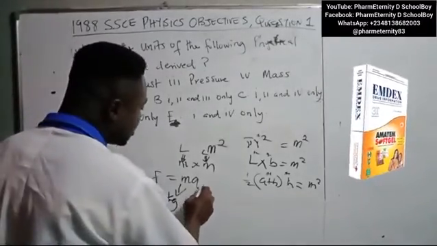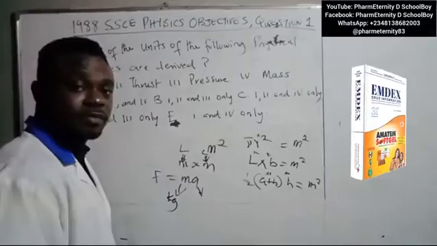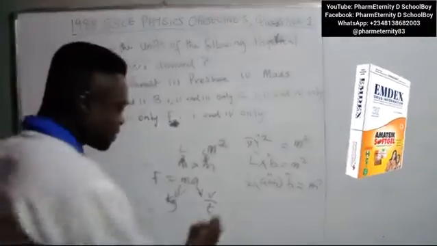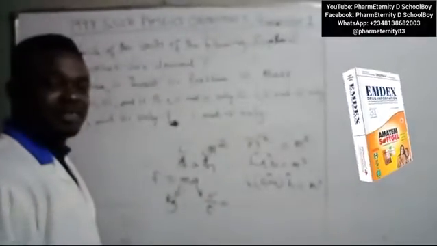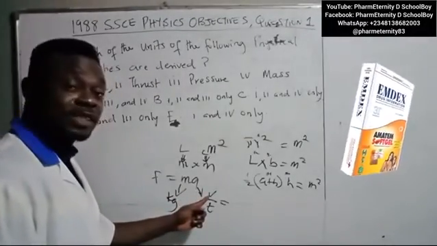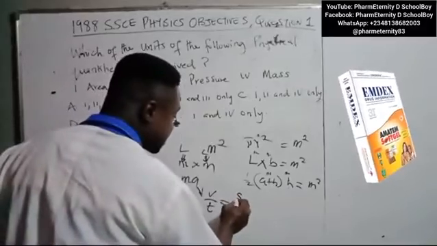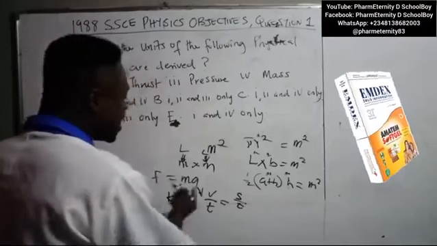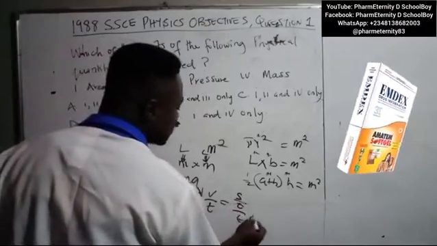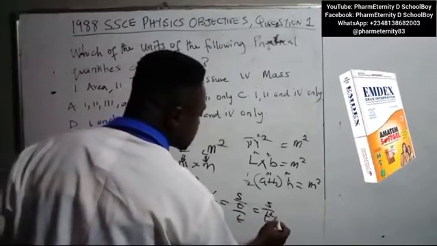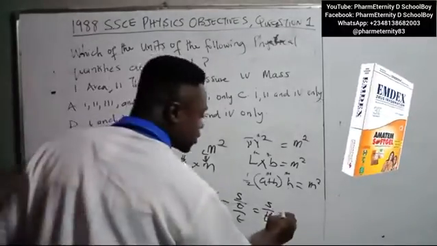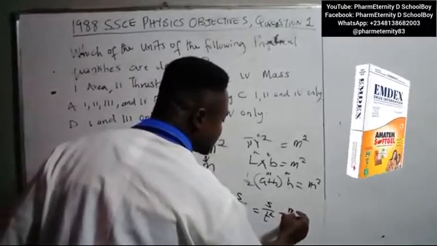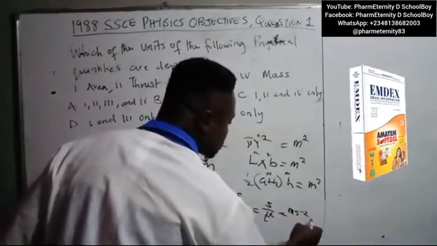Acceleration on its own is velocity over time. Velocity on its own is also derived, which is displacement over time. So acceleration is displacement over time squared. Displacement is a measure of length, so the unit is meter per second squared.